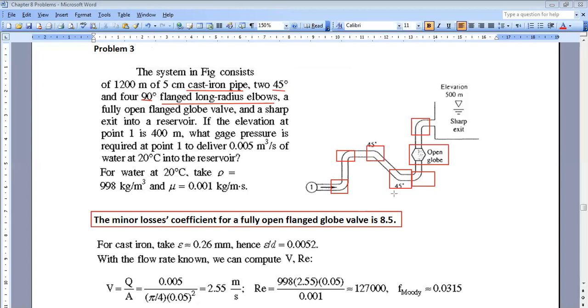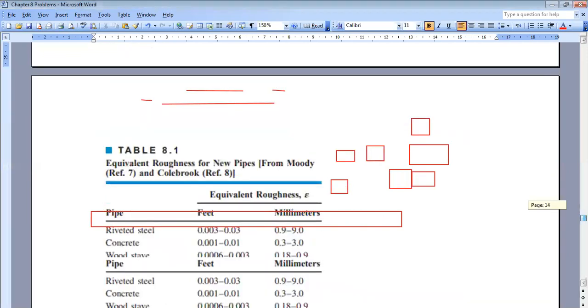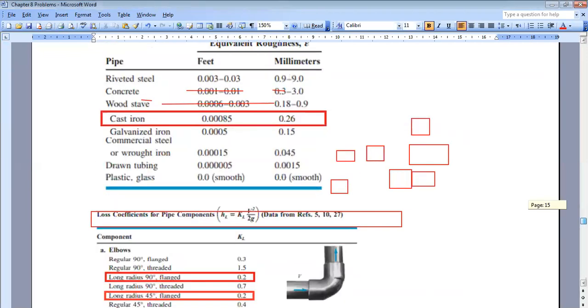Okay. Now to find the corresponding K, I will search in the figure. From the table of roughness, for cast iron, I get that epsilon is 0.26 millimeters. And pay attention, since you are working in SI, D is in meter, so you should convert by multiplying by 10 to the power minus 3.